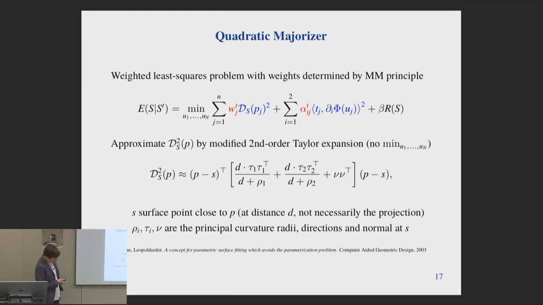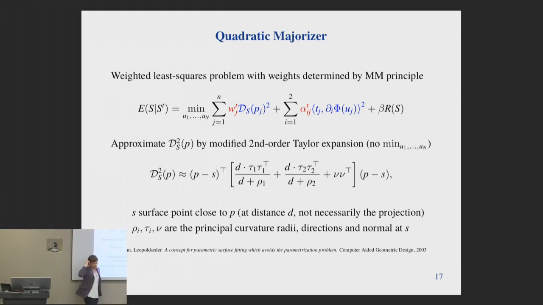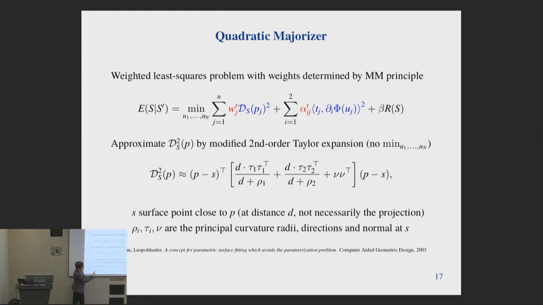And it turns out that if the energy you're minimizing is the square distance to a surface, you can write the second order Taylor expansion in terms of this geometry, where d is the distance between your input sample and a point in the surface in the neighborhood. Tau 1 and tau 2 are the principal curvatures of the surface at this point. Rho 1 and rho 2 are the principal radii of curvature, and nu is the normal.